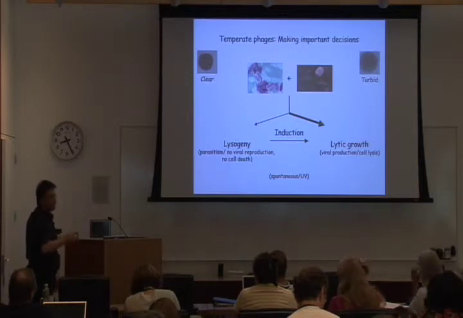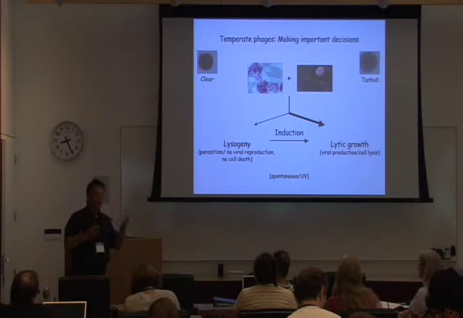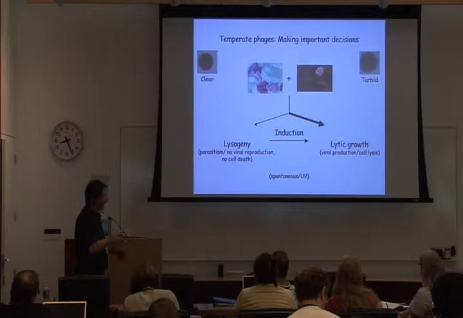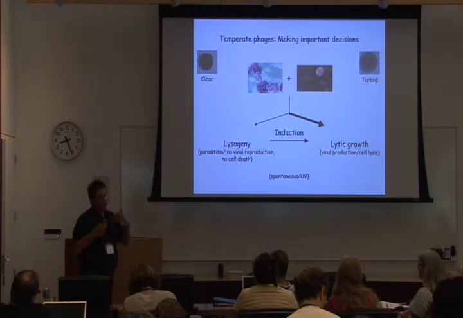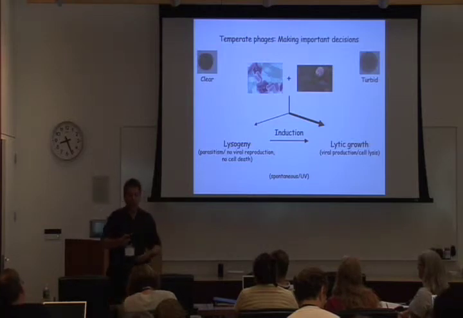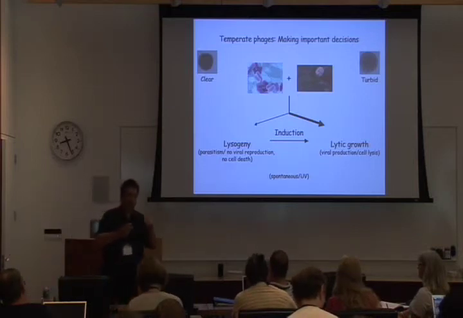When lysogeny is established, the cells do not die, the viruses do not reproduce, at least there's no generation of new particles. And in fact, what happens is the bacteriophage DNA, instead of going through the reproductive cycle, establishes what is, in essence, a parasitic state, where the phage DNA is co-propagated with the host stably over large numbers of generations.